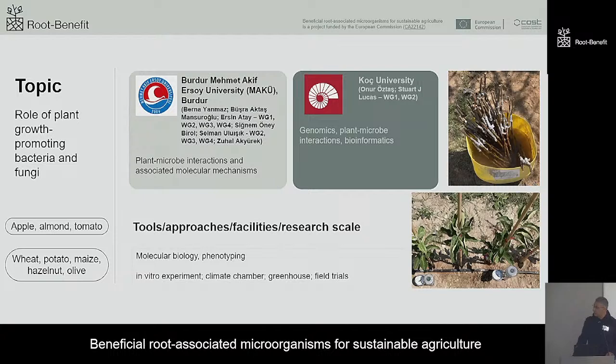We work on fruit species, especially apples and almonds. And we do our research in the field, also at the molecular level. The other member of our management committee, Onur, is at Koç University in Istanbul. They are working on similar topics, and they use wheat, potato, and some fruit species like hazelnut in their research.